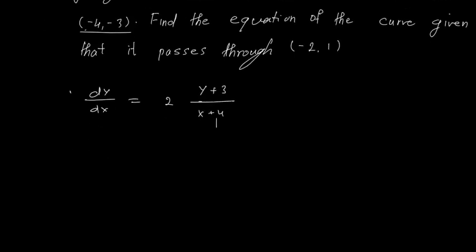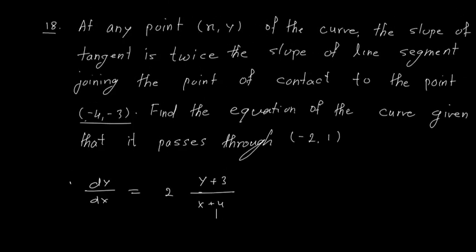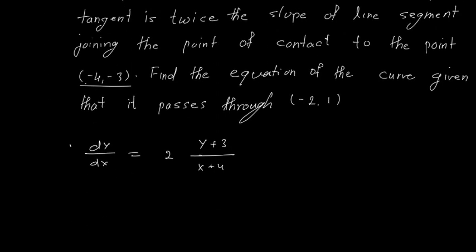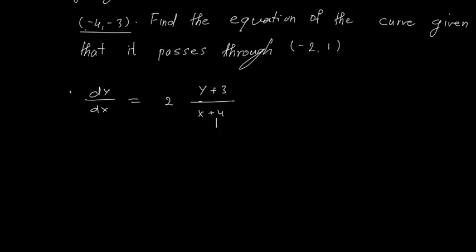So what we have done is first find the slope of the line segment joining (x, y) with (-4, -3). The formula is (y2 - y1) upon (x2 - x1), and you get this expression. Now I will keep all y terms with dy. So 1 upon (y + 3) dy is equal to 2 into 1 upon (x + 4) dx.